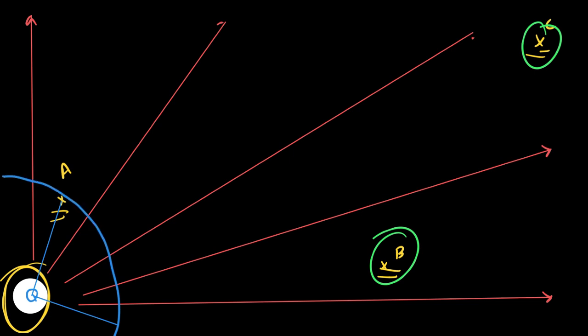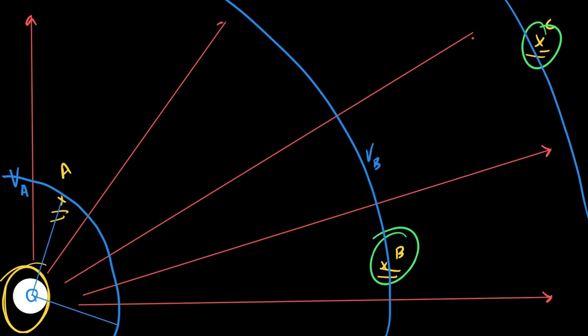All of this is at the same voltage, voltage of A. And there's going to be a similar one at B. This is at the voltage of B. And then there's a similar one that's at the voltage of C. These are considered equipotential lines. They are all at the same potential.